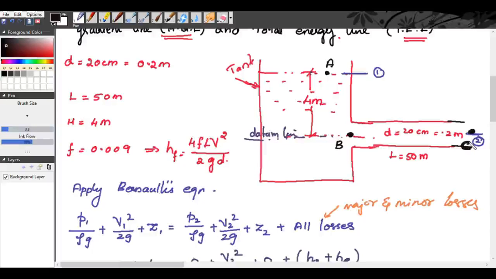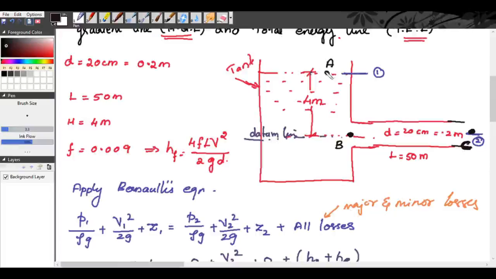Now, let us find the total energy at these points, that is at A, at B and at C. Total energy at A will be equal to P by rho G plus V square by 2G plus Z, equal to 0 plus 0 plus 4. Here P by rho G is 0, since P is 0, and velocity is 0 at the free surface of water. Z is 4.